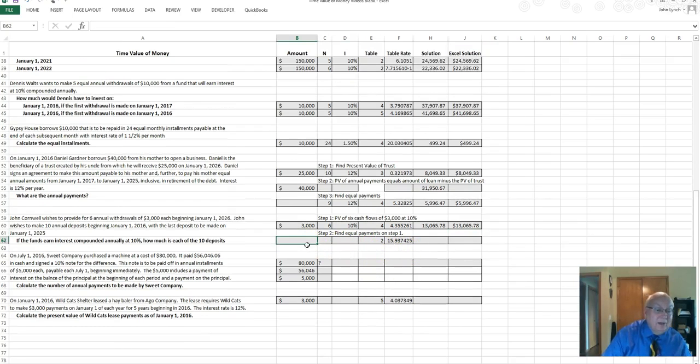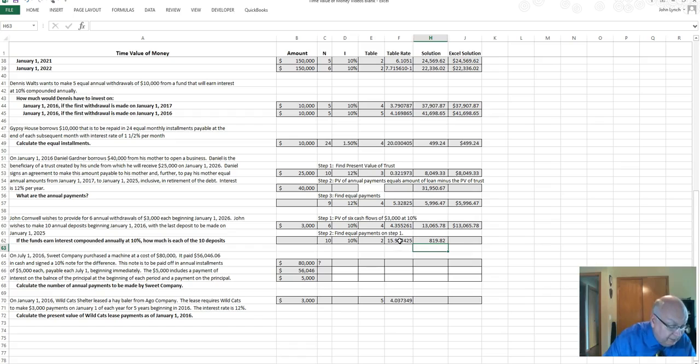Okay. If the funds earn interest compounded annually at 10%, okay, so it's 10%. Okay. So it's equal to what we just calculated up above here, divided by the 15.